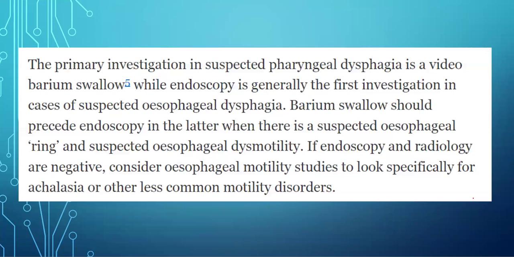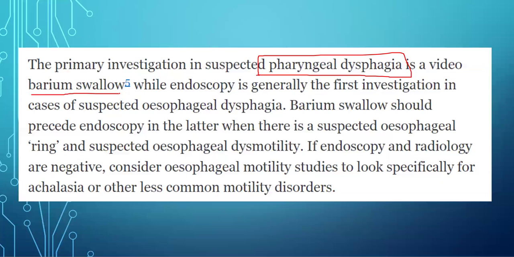so what will be our investigation of choice? To investigate a dysphagia patient, the first thing you need to know is whether it is an esophageal dysphagia or an oropharyngeal dysphagia. If you suspect that this patient might have oropharyngeal dysphagia, which means a neurological problem, then we do a video barium swallow.